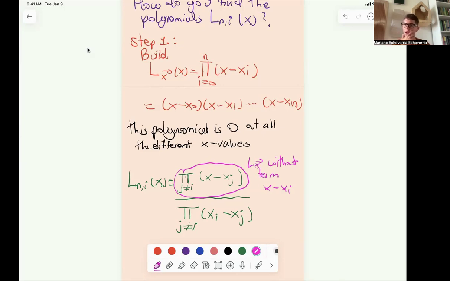So let me go back to GeoGebra and show you another example, from scratch, without using all the notation, so that it's less confusing.